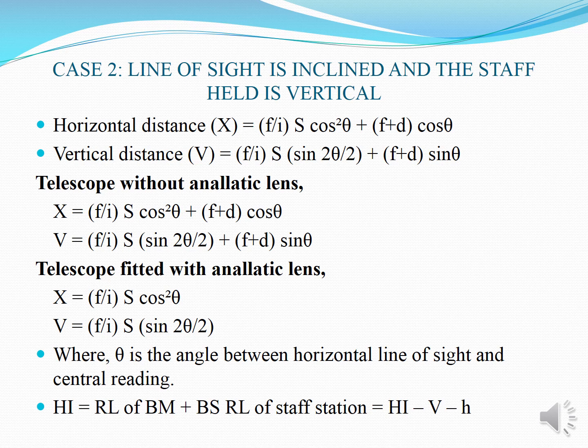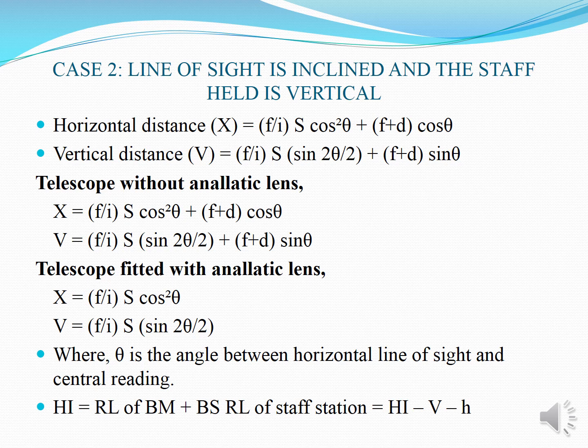But when the telescope is fitted with the analytic lens, then for the calculation to be simple and easy, the additive constant becomes 0 because the telescope is fitted with an analytic lens. So the horizontal and vertical distance equations are reduced by taking f plus d, the additive constant, as 0.